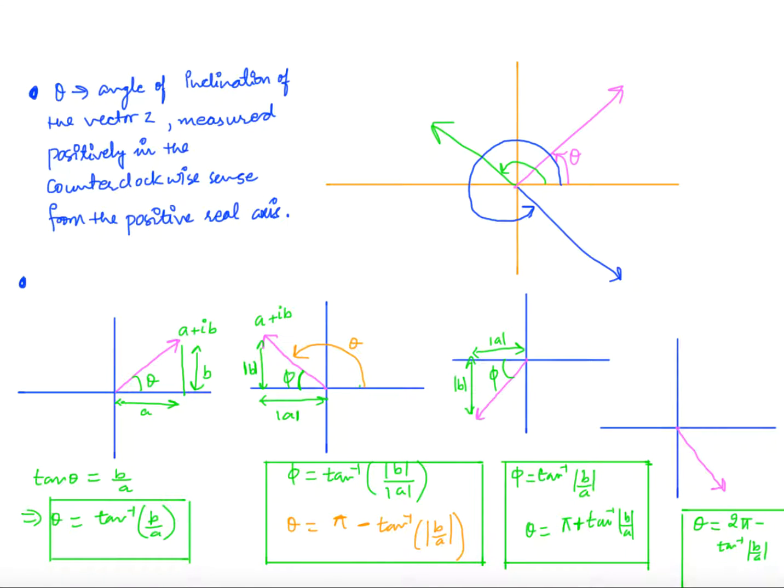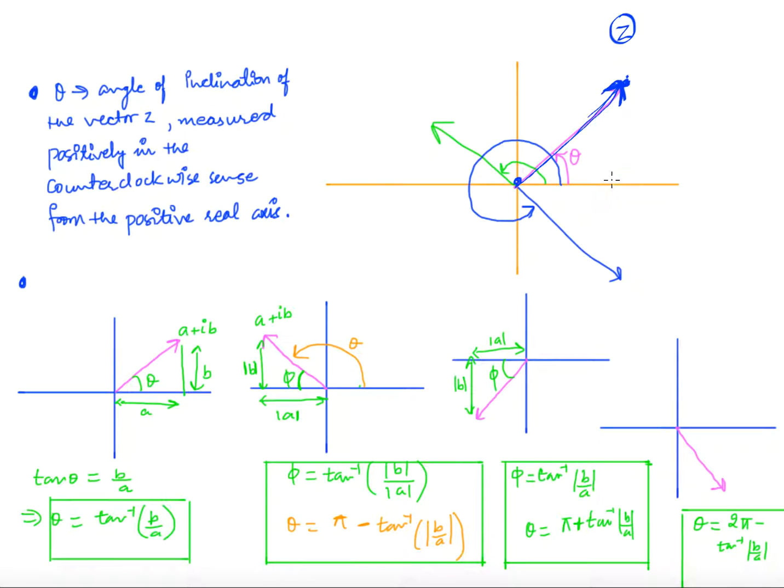We have a complex number z, represented as a point in this complex plane, or Cartesian plane, or Argand plane, whatever you want to call it. Then we have this vector, which we had seen: every complex number can be represented by the vector which joins the origin to the point which represents the complex number.